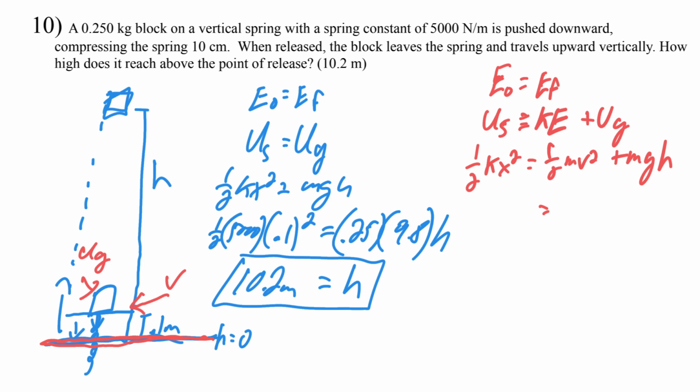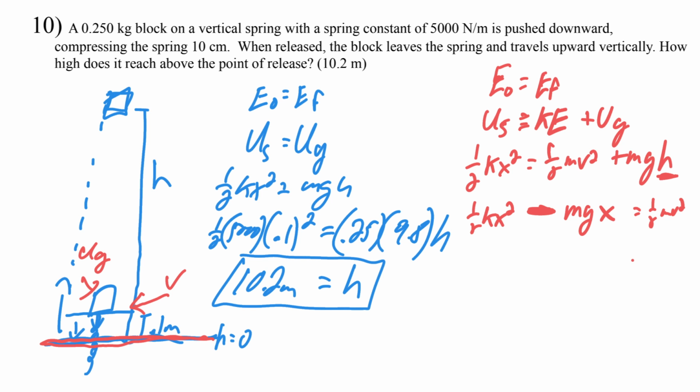No, we're looking for velocity. So we'd go 1/2 kx squared. Now notice that this h is actually the same as x. So this would be minus, let's just go ahead and subtract it, minus mgx equals 1/2 mv squared.